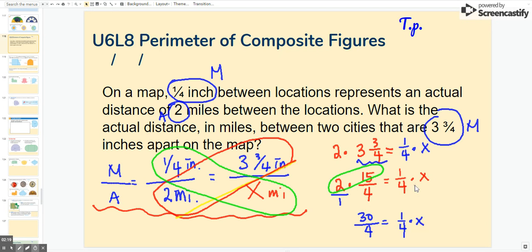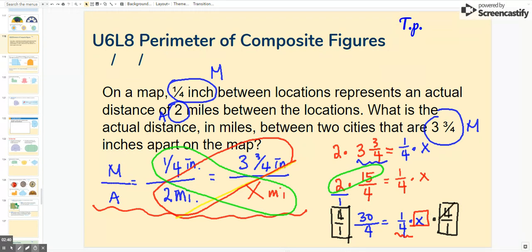So now we're solving for x, which means we need to isolate x. How can I undo this? You can undo it by multiplying by the reciprocal, 4/1.